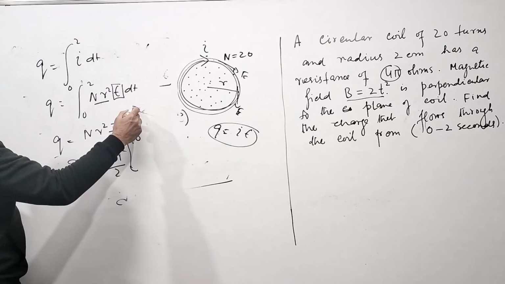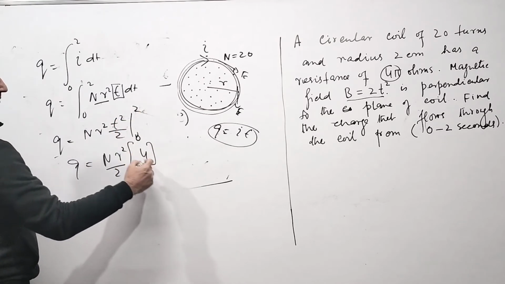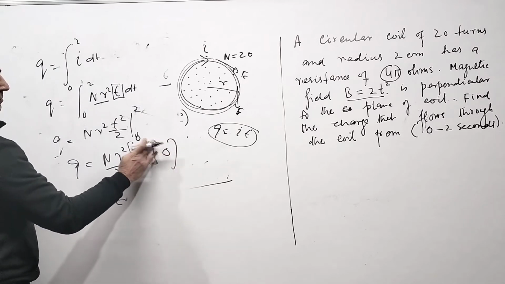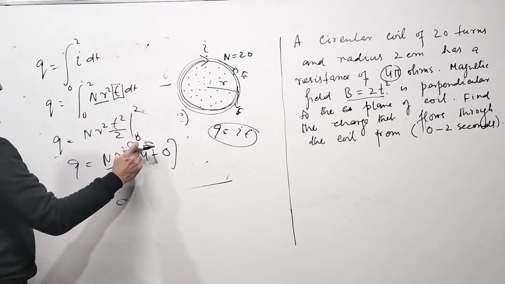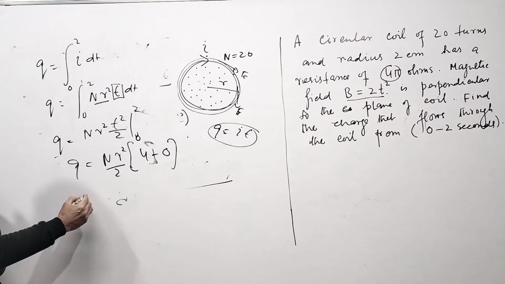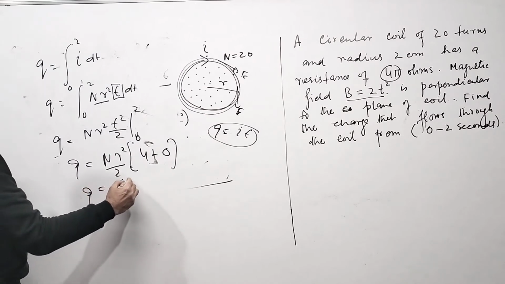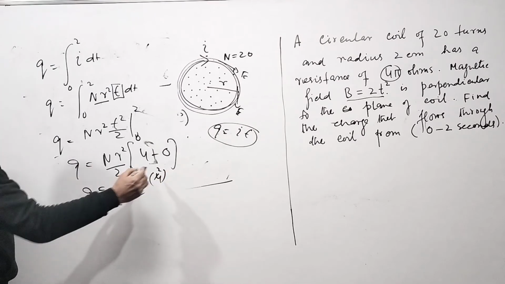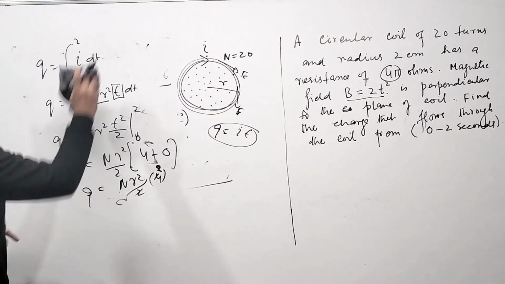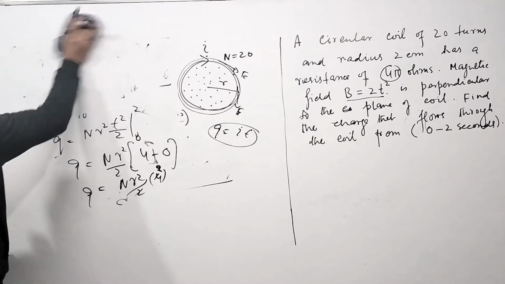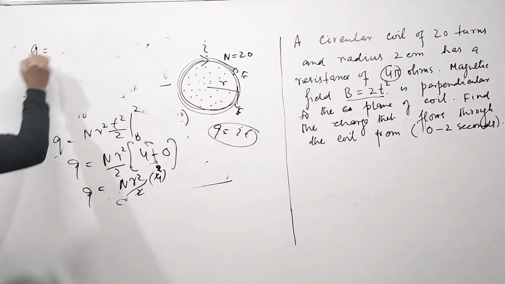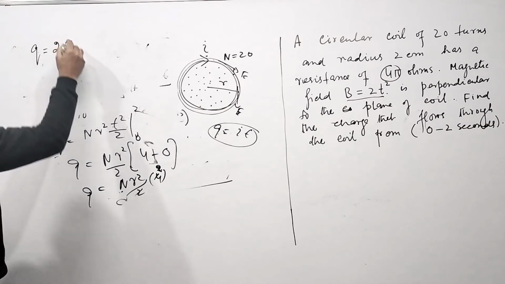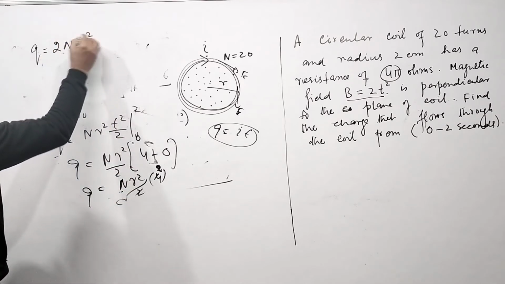The value of t is 2, so that is 4 minus 0. 2 square minus 0 square is 4. So Q equal to N R square by 2 into 4. That's 2 twos are 4. So how much is the charge? Q is equal to 2 times N R square.